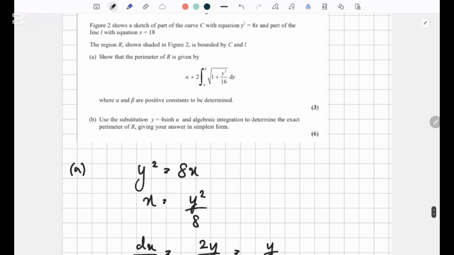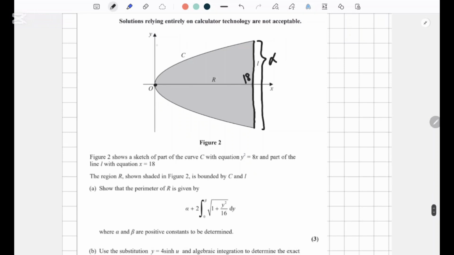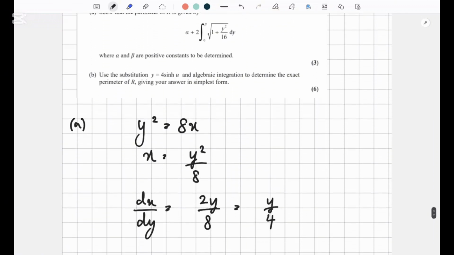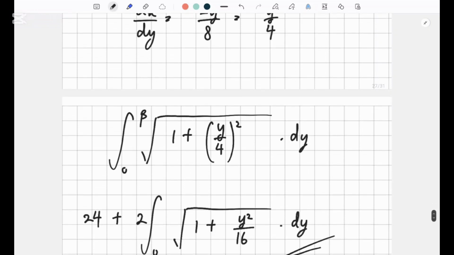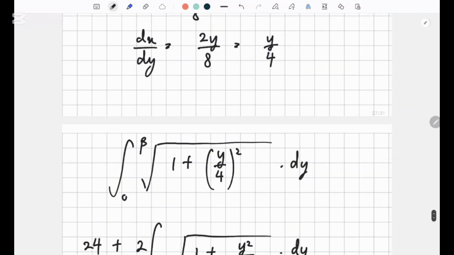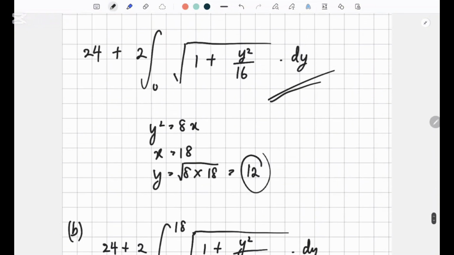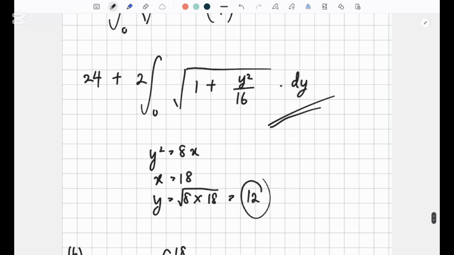So dy means it goes from 0 to this interval. So it's 12. I'm really sorry about that. I just forgot that it was dy, and I took the x term for the interval. So beta should be 12.